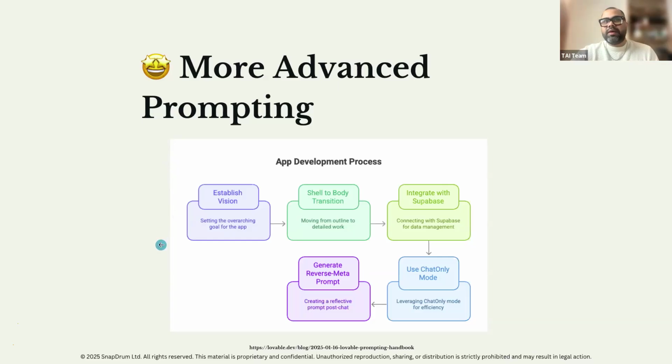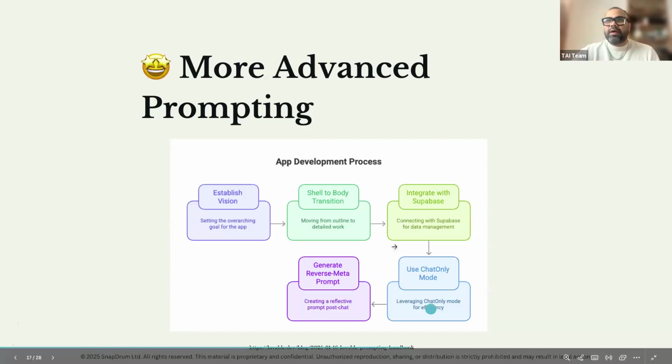So you have this idea, the established solution, and then you build step by step, as we did. You keep asking it to create these initial features, and then you integrate with Supabase or any kind of backend for the data management piece, and also authentication, and then use the chat model.